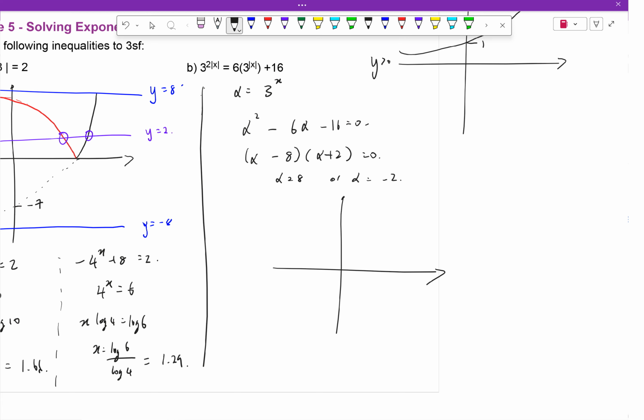Okay, 3 to the power of 2x by itself should look like this. But it's modulus of the x, so it's reflecting according to y. So that results in our modulus looking something like that. Okay, it's reflecting like that. So that is our 3 to the x of the modulus.